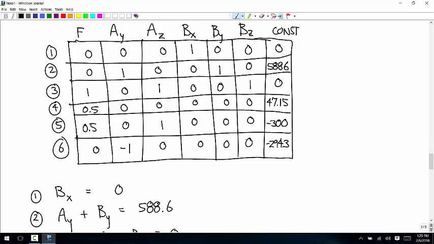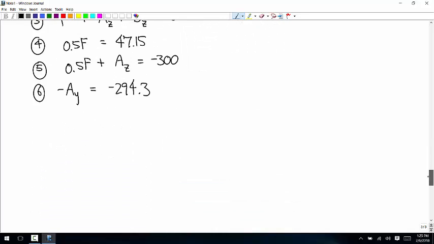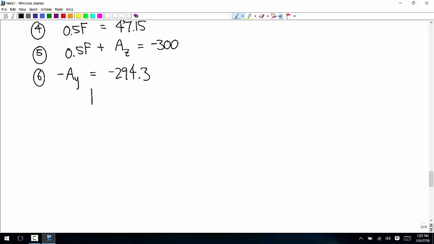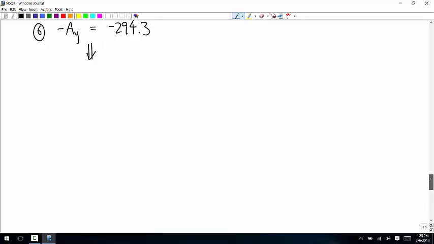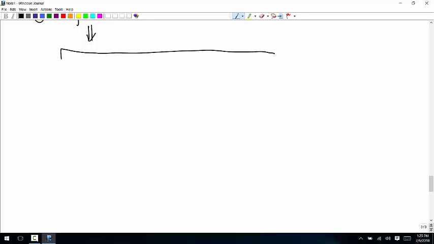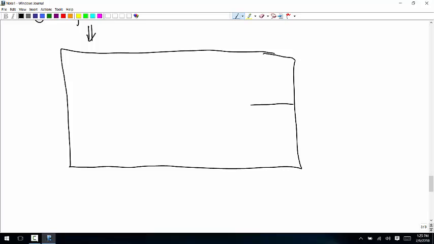And now if you run reduced row echelon form, here's what you get out. It's going to give us back a matrix with the same size as what we put in.